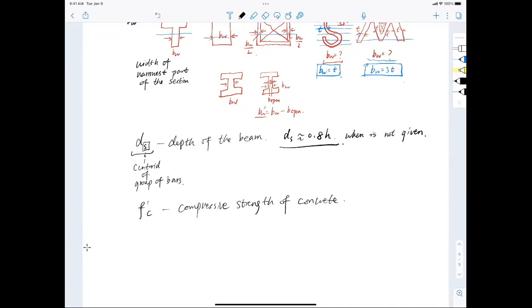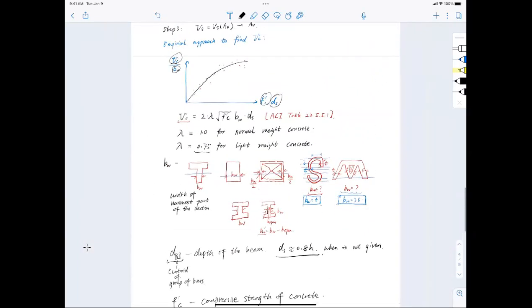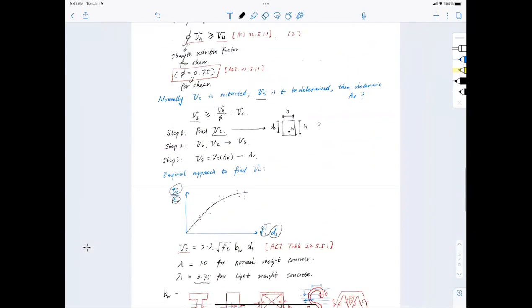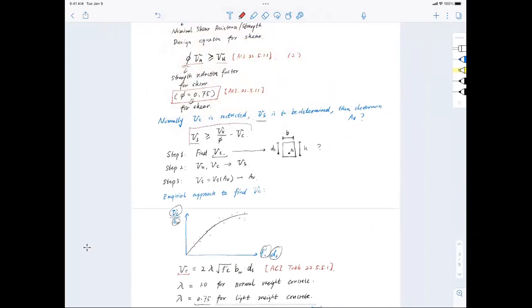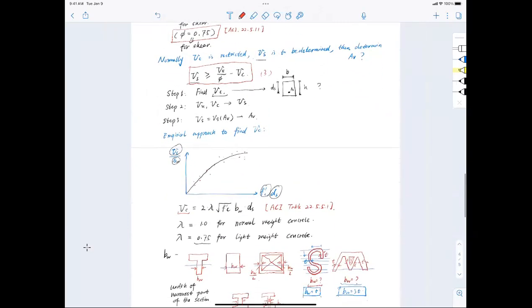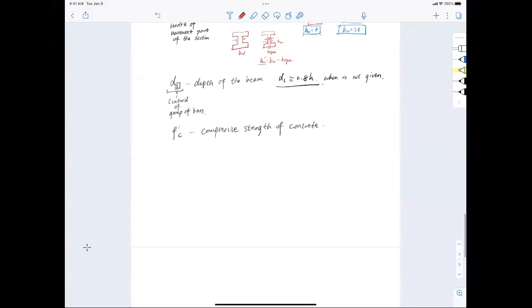Okay, so with that, you now know the concrete contribution, right? So going back to equation number 3, and let me label it. This is equation number 3. Okay, equation number 3, and I can bring equation number 4 into equation number 3. So from equation 4 to equation 3, plug 4 into 3.